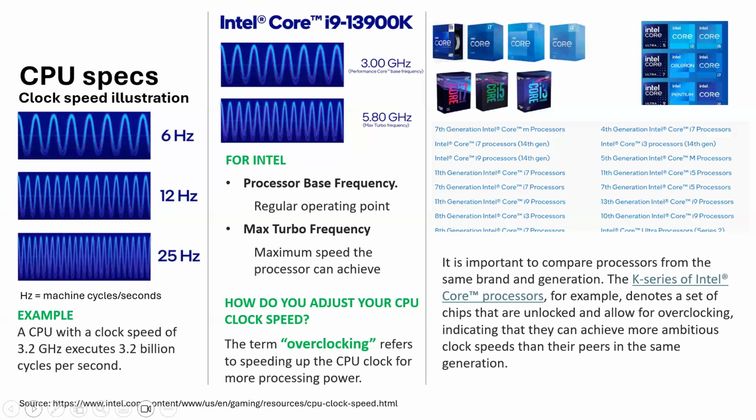That cycle I mentioned, you need to ask yourself, when you see I bought a computer with a 1.2 gigahertz processor, what it actually means is the capability of your computer for that cycle. You can see you have 6 gigahertz here, 12 gigahertz here, 25 gigahertz. Gigahertz simply means machine cycles per second.